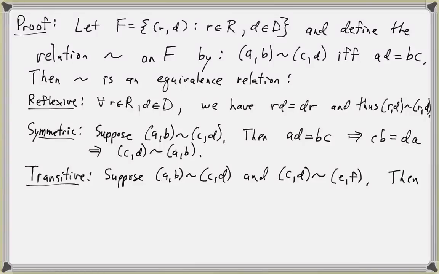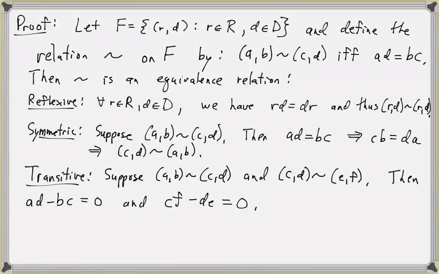Then we know that AD equals BC, and hence AD minus BC equals 0. And we know that CF equals DE, so we have CF minus DE equals 0.